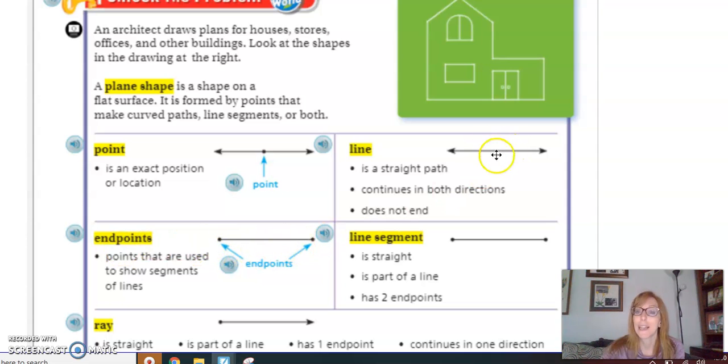Okay, so on a line that continues on forever, you could put a dot, an end point here, and an end point here. And that would mean that you're talking about a specific part of a line. And that's called a line segment. It's part of a line. And it's straight and it has two endpoints on it.